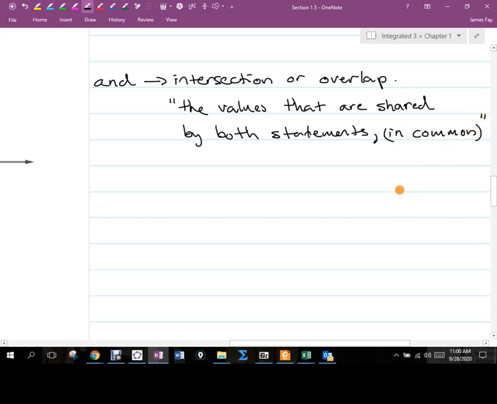Or you might hear me use the phrase that they are in common. Okay? Intersection or overlap, that's what the word "and" means to us. There is a notation sometimes that we use. Is that upside down looking U or horseshoe looking thing? Okay.